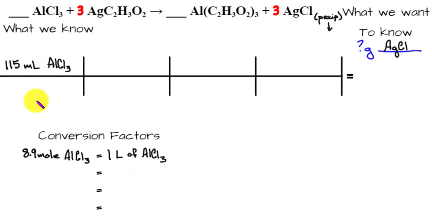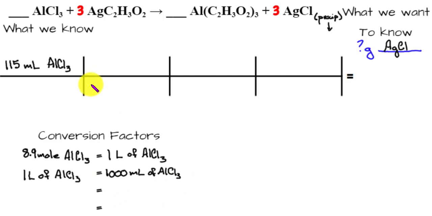Here's a problem. I have milliliters, so for every 1 liter of aluminum chloride, I have 1,000 milliliters of aluminum chloride. Okay, so I can use this one.